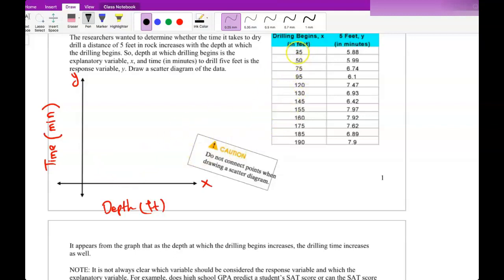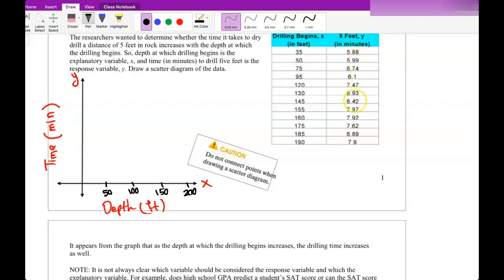On X, the lowest is 35, and that goes up to 190, so I'm using 50, 100, 150, 200. On the y-axis, the lowest I have is 5.88.